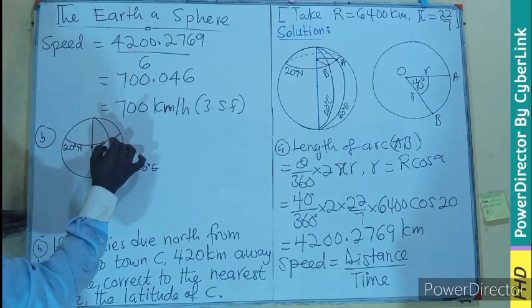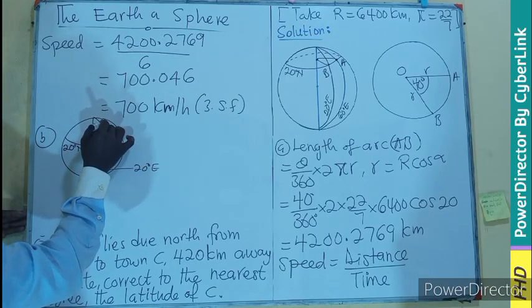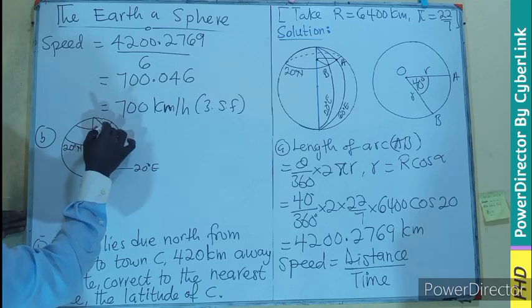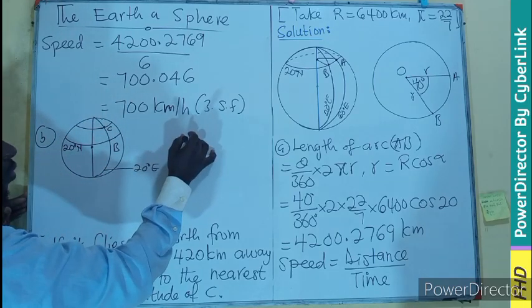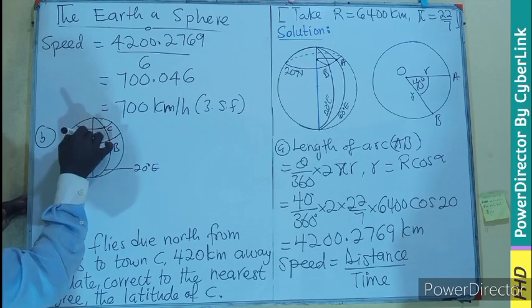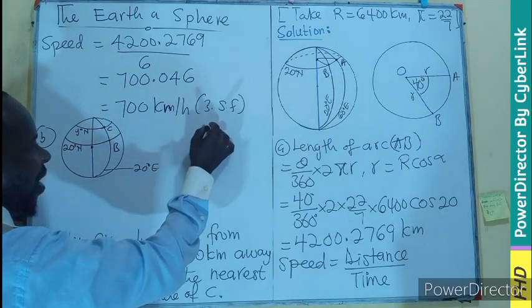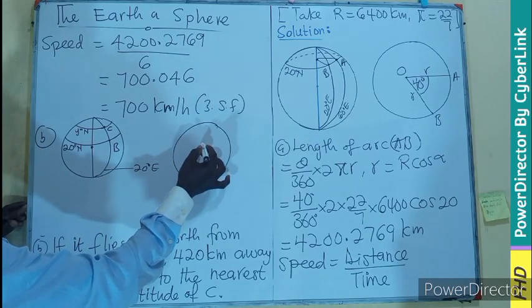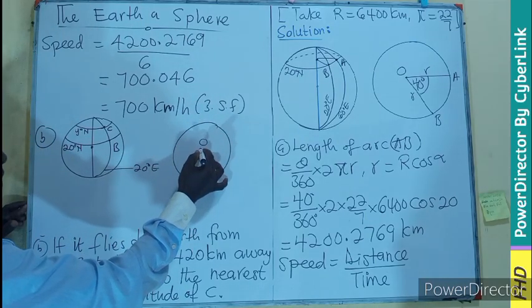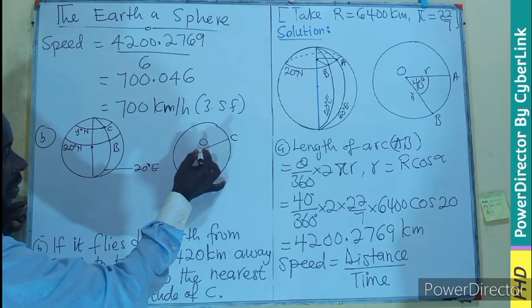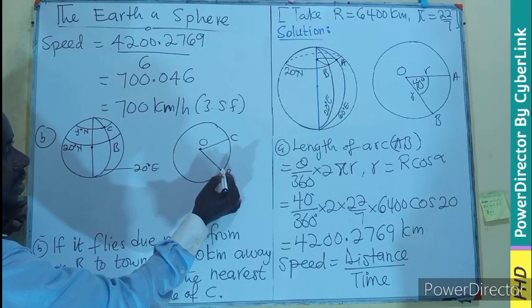So if the point B is here, the point C is going to be here. So let's put the point C there. So it will be having its own latitude. So I'll be having this. So now if we have here to be the center, let's have C here and have D here.